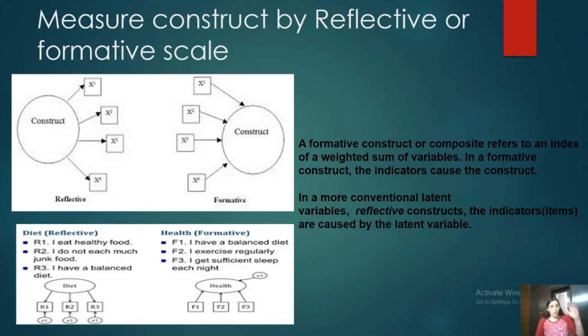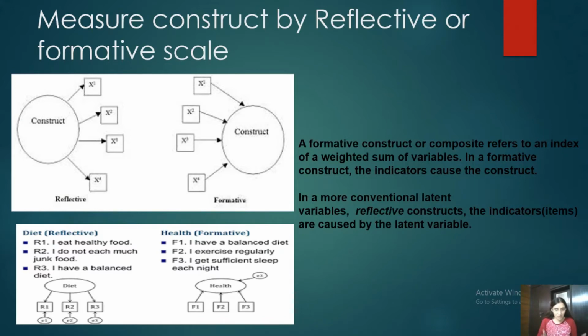Now, when all four statements are talking about the same thing, question to you, everyone alert. If all these four statements in my reflective scale are talking about the same thing, then should my sample always give a similar answer, that is strongly agree to all four, or should he give different answers?